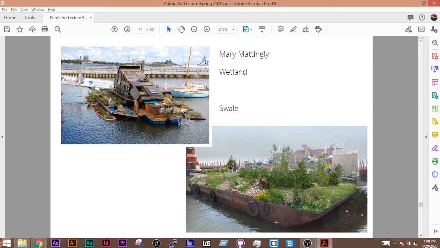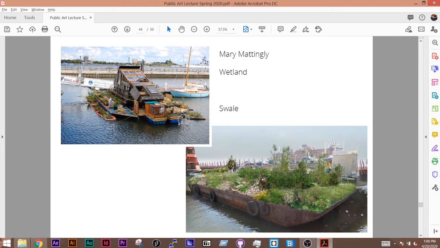And this piece called Swale was taking on the question of edible forests in New York City. This was one where in New York City you aren't allowed to harvest things from parks.